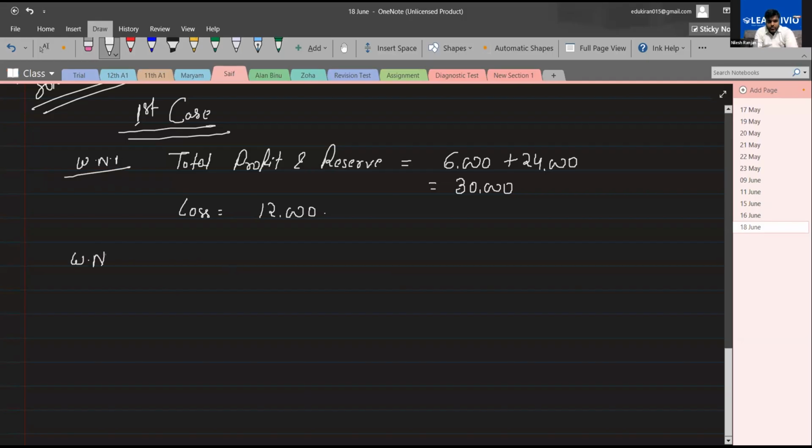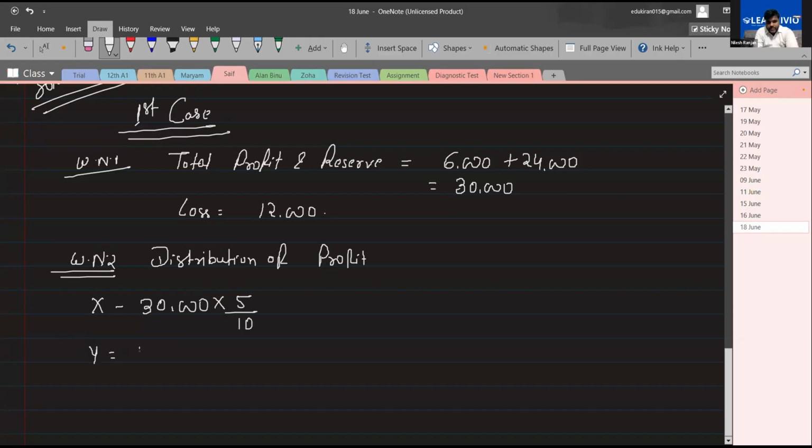Now, working note number 2: distribution of profit 30,000 for X, Y, and Z. So for X, it is 30,000 into 5 by 10.